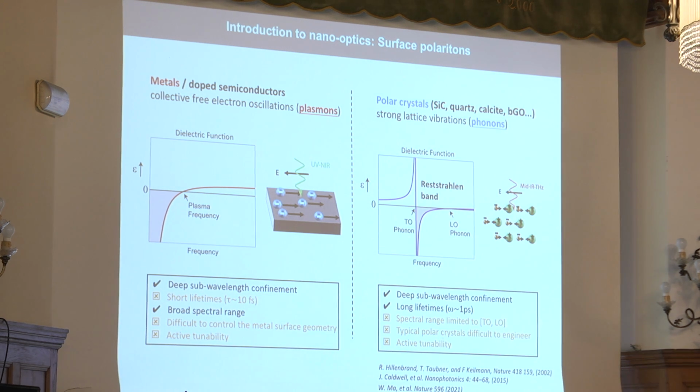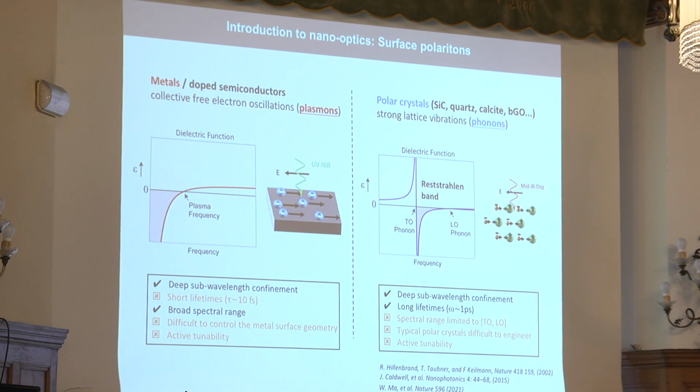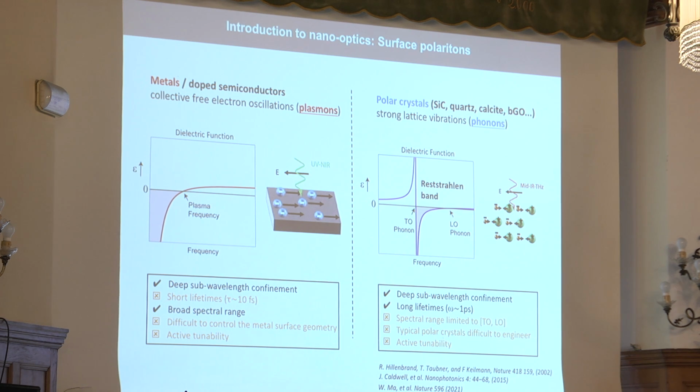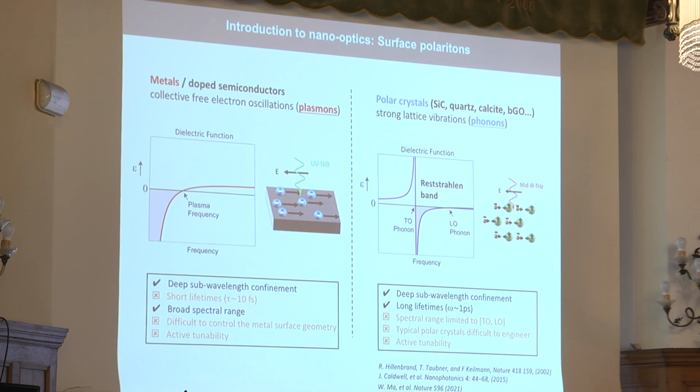And here I'm going to present you some other surface polaritons that are a result of the same physics as was shown before, resulting from Maxwell equations. These are all Maxwell equations. It's also a surface wave.